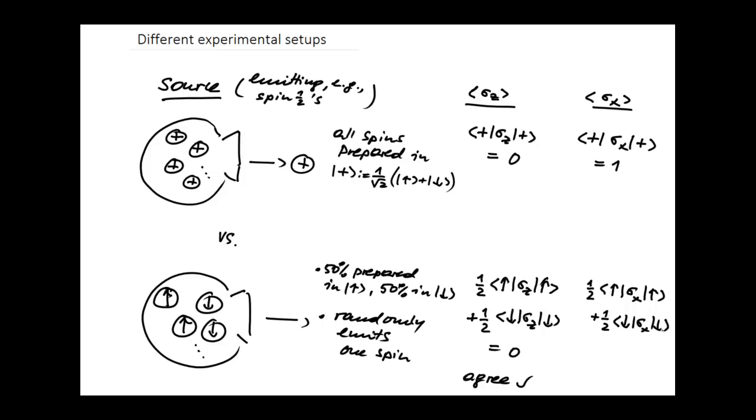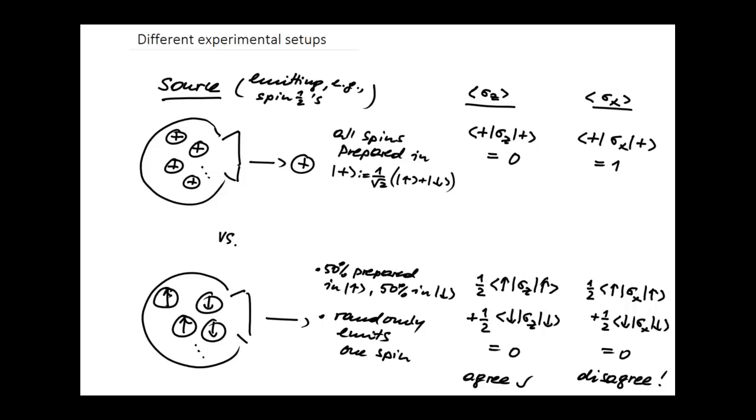The expectation value of sigma x in the spin-down state is also 0. And the weighted average, therefore, is also 0. So here, the predictions disagree. In the two scenarios, I have different expectation values for sigma x.